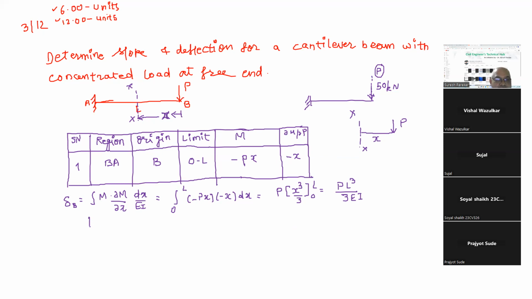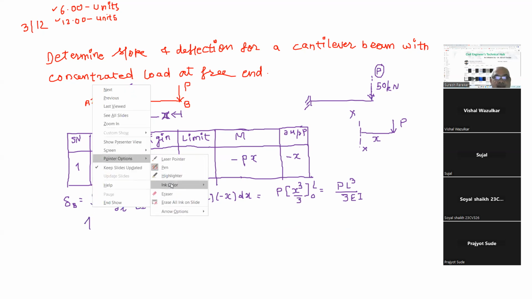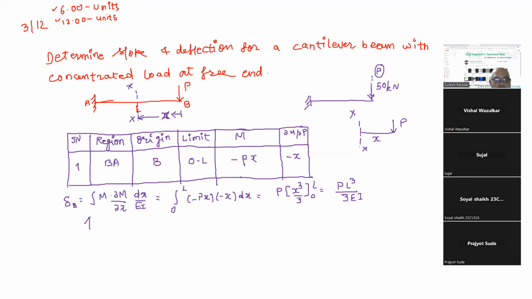Now we have to find slope also. For slope, what do we require? We require variable moment at that point, and therefore we have to apply a variable moment. This P will be as it is; the load will not be removed. If a dummy load is there, then that will be removed.